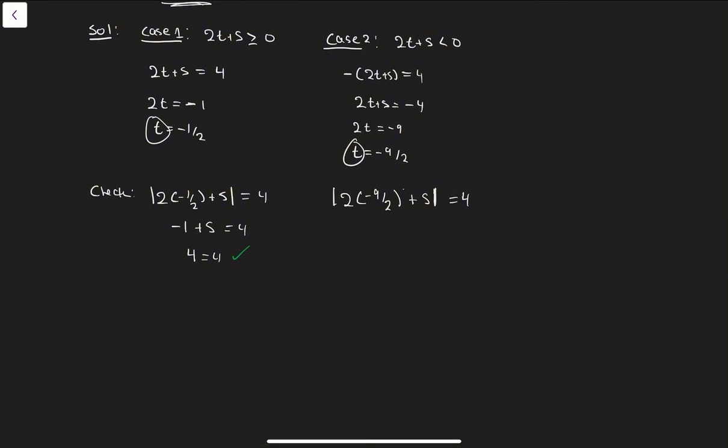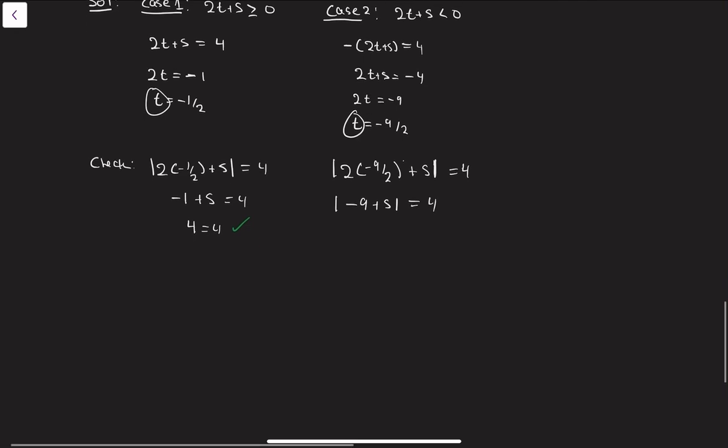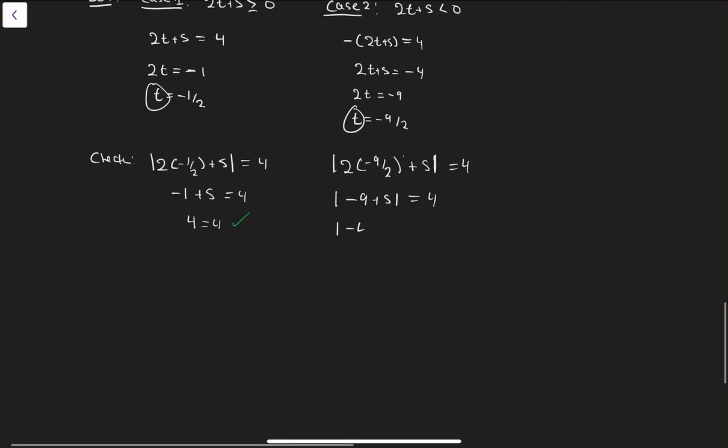We'll get the absolute value of negative 9 plus 5 is equal to 4. And that gives us the absolute value of negative 4 is equal to 4. 4 is equal to 4. So in this case, I just forgot to put the absolute value signs first. But overall, it worked out as is since it was the positive case. But just remember to do that when you're checking your solution.